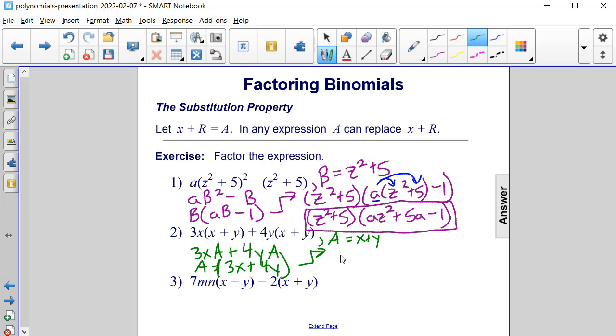And when doing so, we will have (x plus y) times (3x plus 4y). And that's our final answer for this problem.